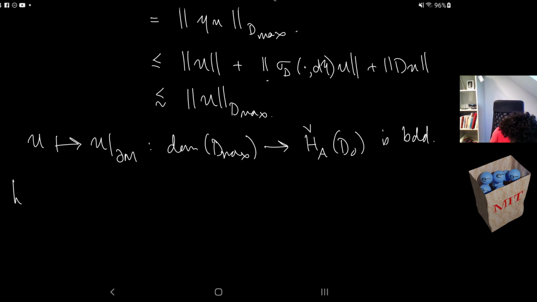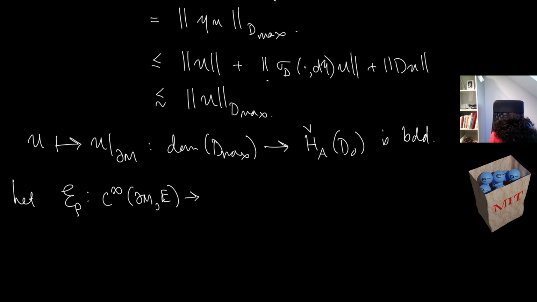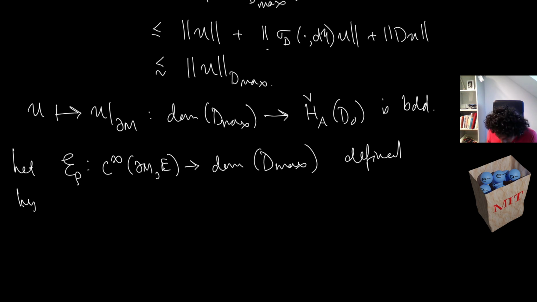But now let E rho be a map from, say, C infinity on the boundary into the domain of D max defined by, yes, but with respect to rho now, right?